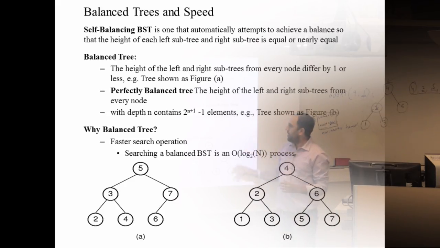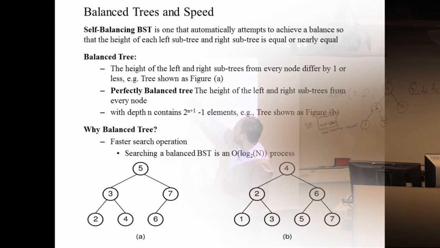What it means is that in the tree, the heights of the right and the left should be equal. For example, in this case, 1, 2, 1, 2. But here, if you see, the difference is that this has a 1 and the other one has 0. But still, more or less equal or nearly equal.